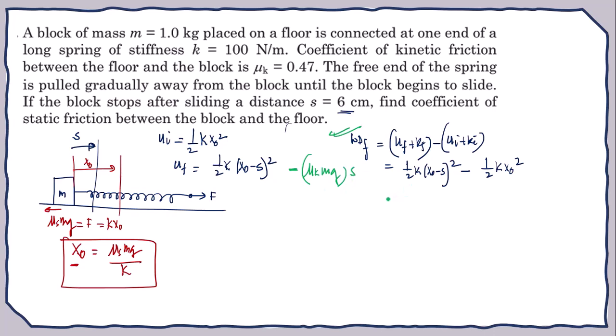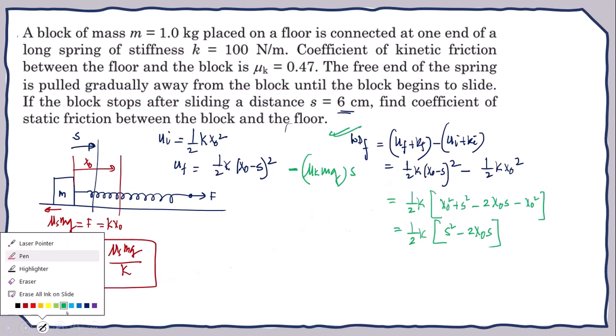If I rearrange this, half k into x naught square plus s square minus 2 x naught s, minus x naught square, on the right hand side I get half k into s square minus 2 x naught s. That is balanced by the work done by friction.